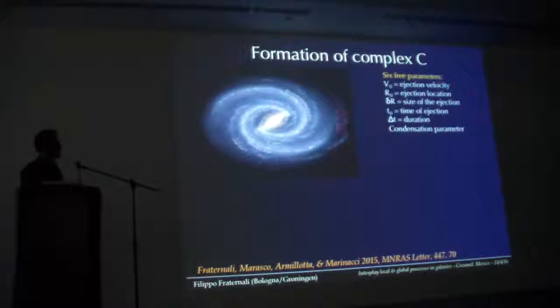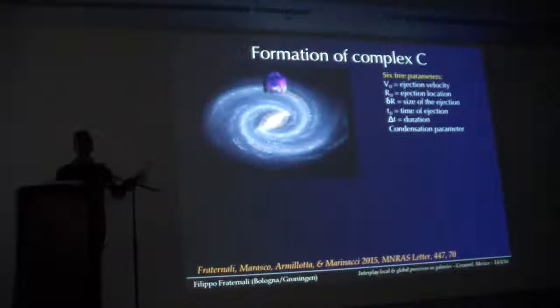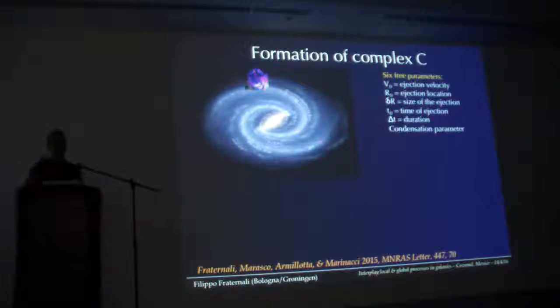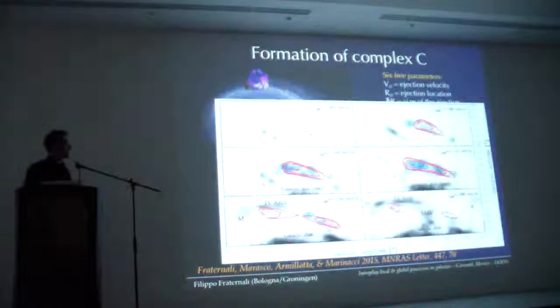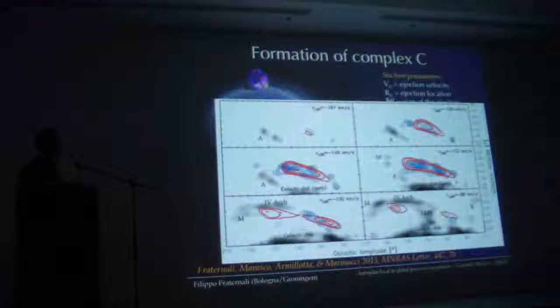Effectively, we are running an MCMC where we take a superbubble and move it around in the spiral arms of the Milky Way, considering obviously the velocity of the spiral pattern, and we try to reproduce the data. What data? The data are the emission of the complex C. This is what you see in these channel maps here.